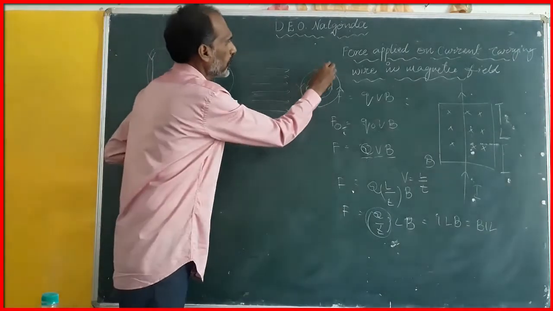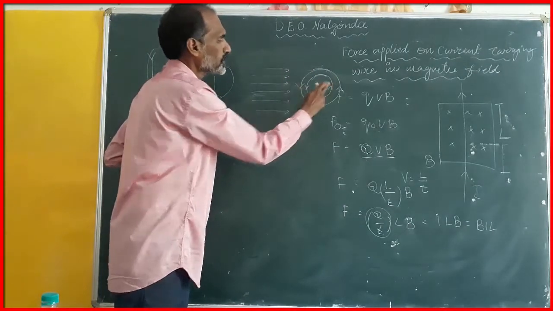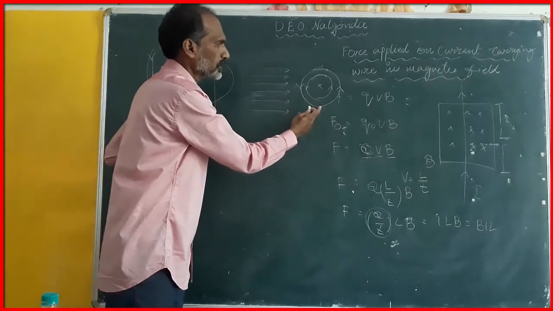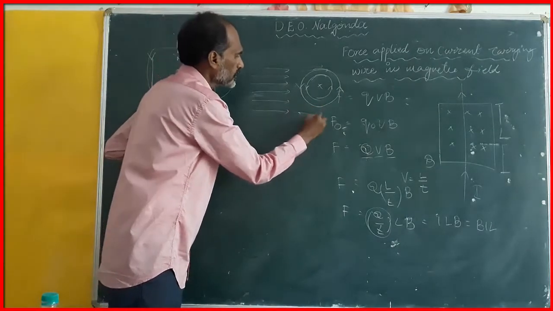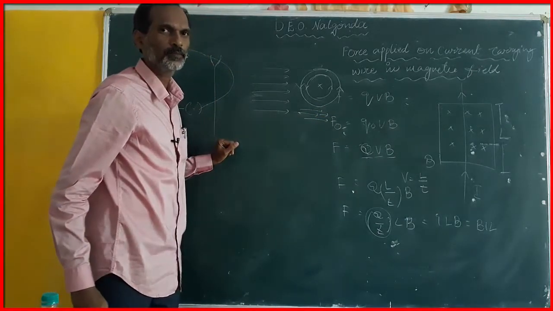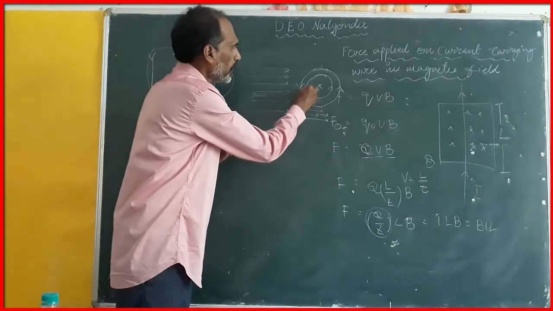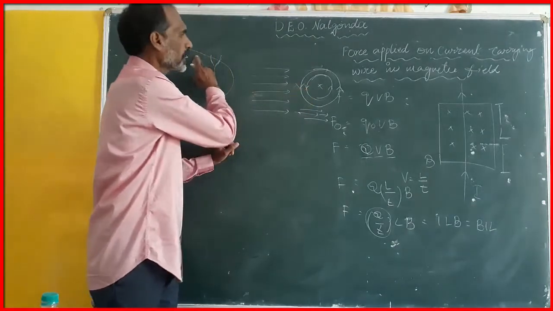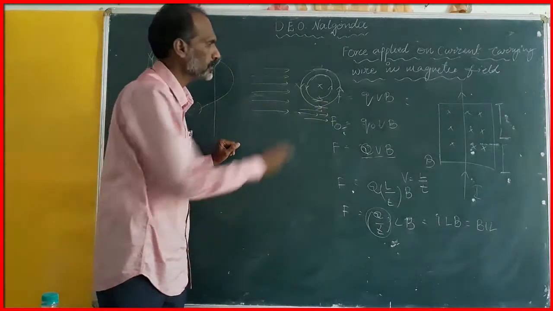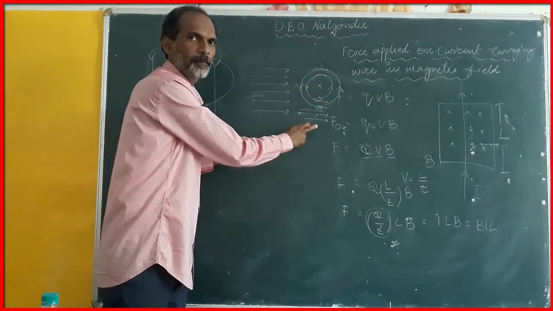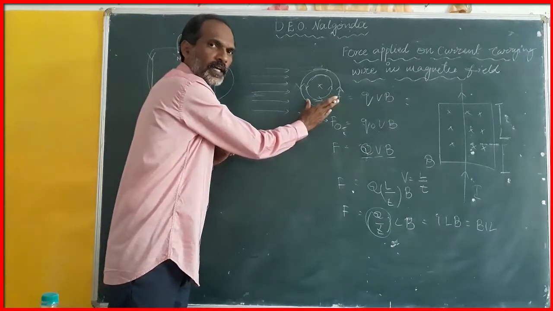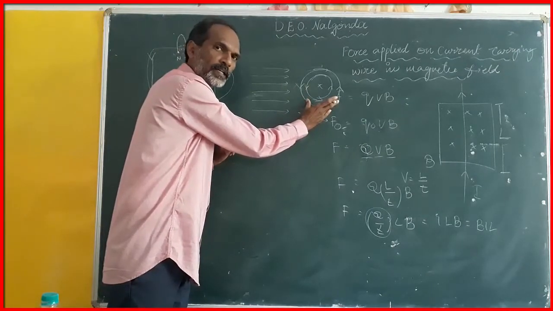When it comes to the upper part, both the magnetic fields are opposite to one another. But in the lower part, this is the direction of the magnetic field lines produced by the horseshoe magnet, and the magnetic field produced by the current carrying conductor is in this direction. It means both are in the same direction. As both are in the same direction, the lower part of this current carrying wire has more magnetic field lines.